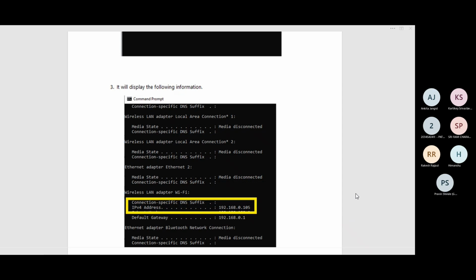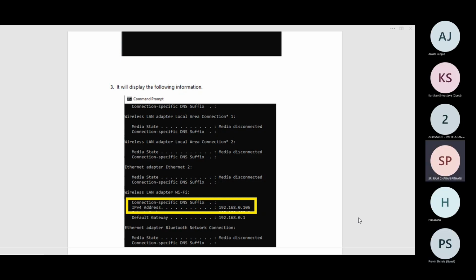Hi, Shriram, does this IP address belong to Ethernet or Wi-Fi LAN? Wi-Fi LAN, sir. Okay, good. So now you put ipconfig /all, which also shows the MAC address. Okay, sir.